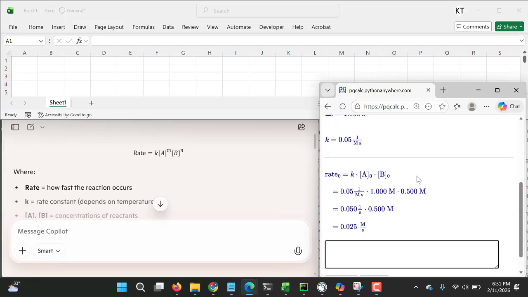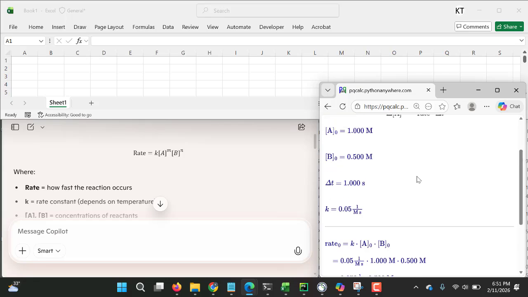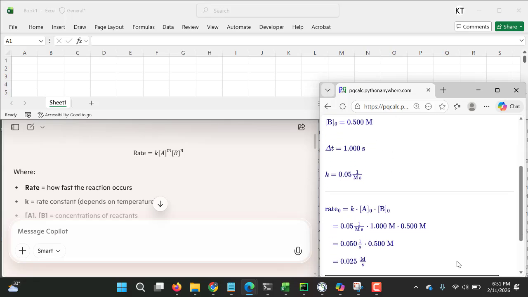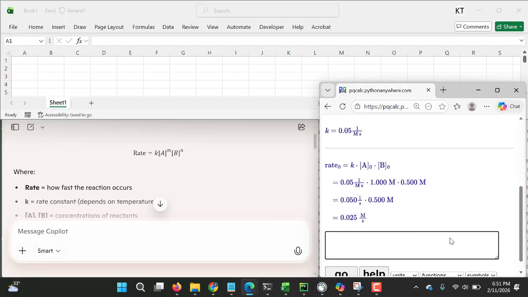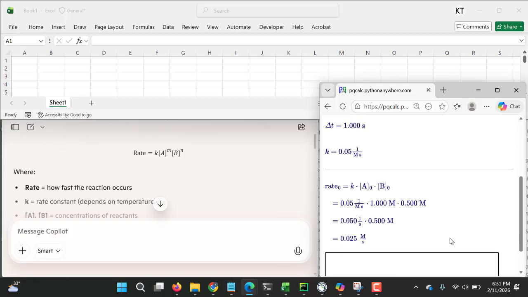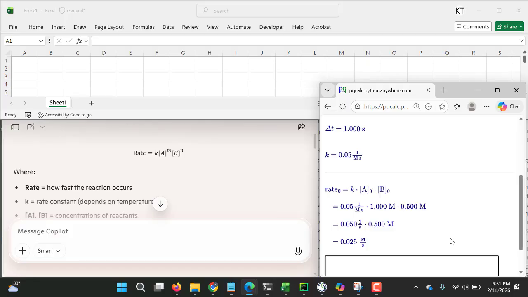That's how much it changes. So it starts out at 1 molar, and then with this rate, it would go down by 0.025. Okay, that's the rate.